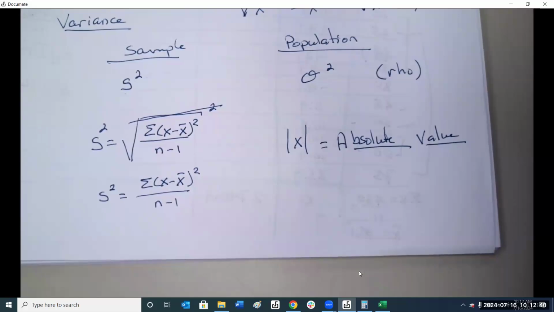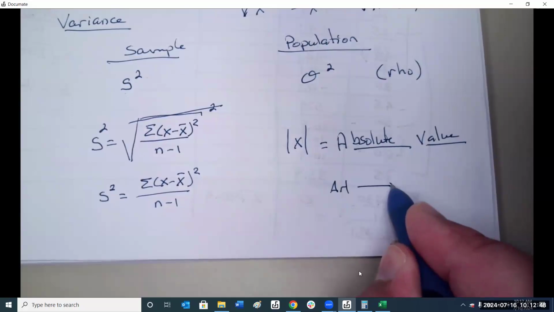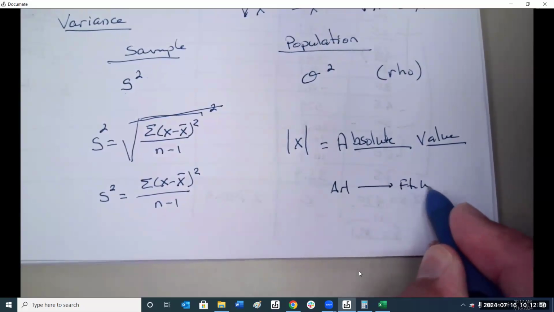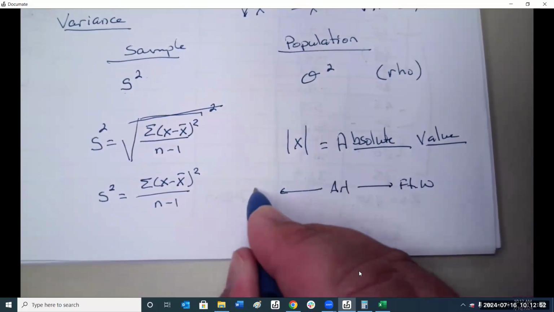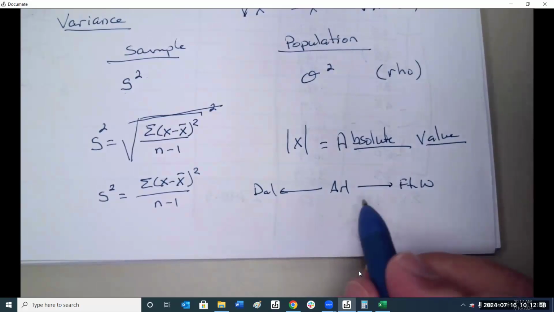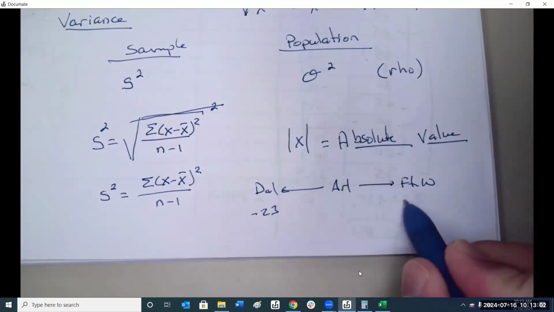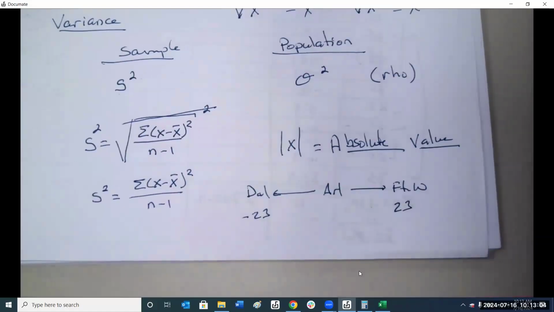For example, if we were in Arlington, it's in the middle. If here's Arlington, Fort Worth is there. Dallas is there. Let's say they're both 23 miles away. So is Dallas negative 23 miles away and Fort Worth is positive 23 miles away?